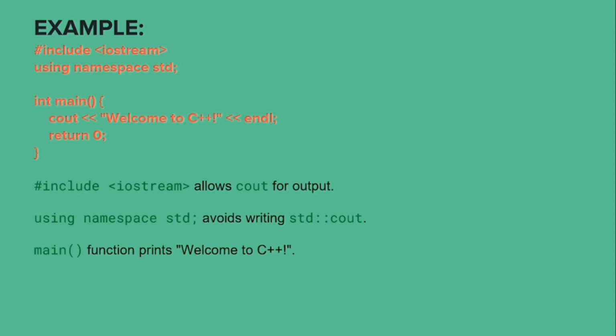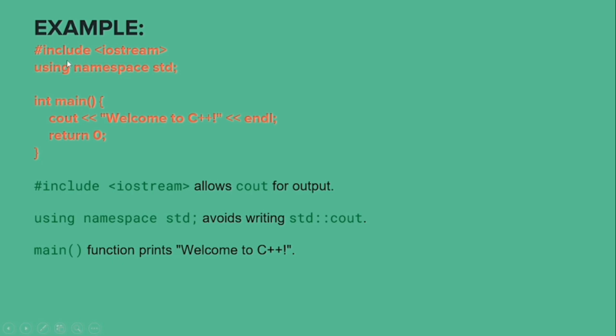This is an example that I will explain to show how it works. Basically, we have declared iostream at the top. This is known as a header file. It has some predefined functions that we use in our code to perform specific tasks.